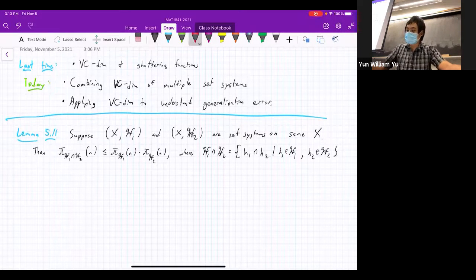You might think of this as color, and this as shape, and then you're looking at the new concept class that's both color and shape.